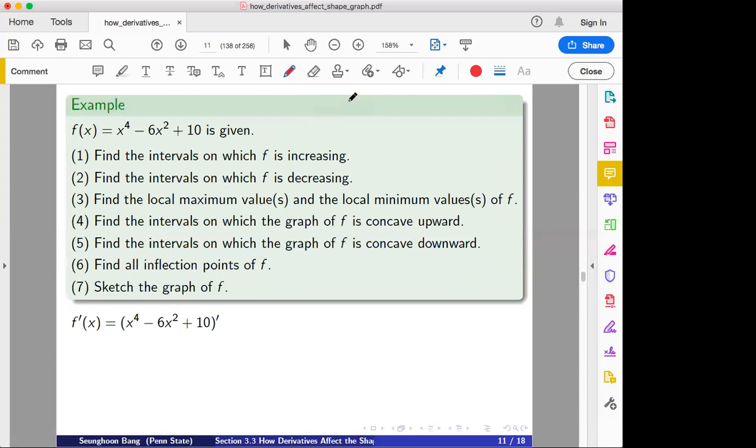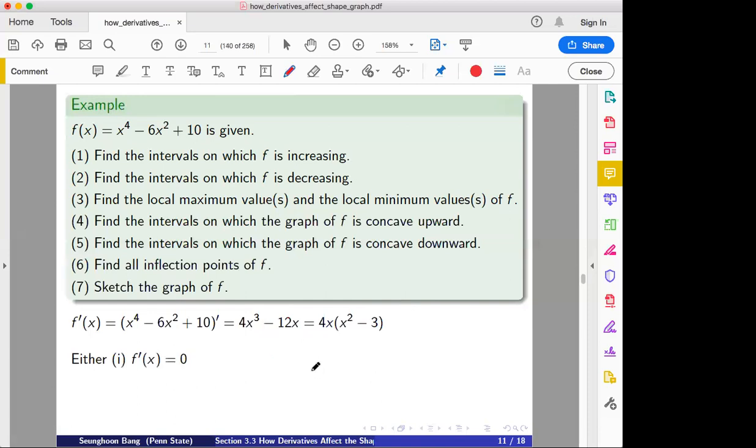Using the power rule, x to the 4th gives 4x cubed, negative 6x squared gives negative 12x, and the derivative of 10 is 0. So we have 4x cubed minus 12x. Factoring out the common factor 4x, we get 4x times (x squared minus 3).